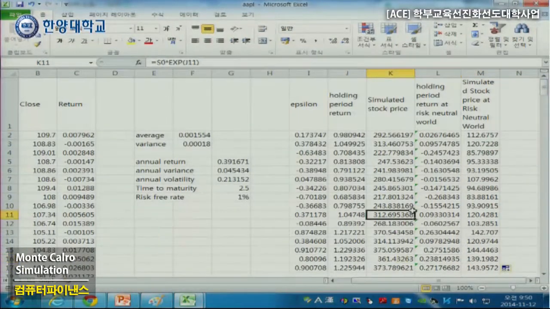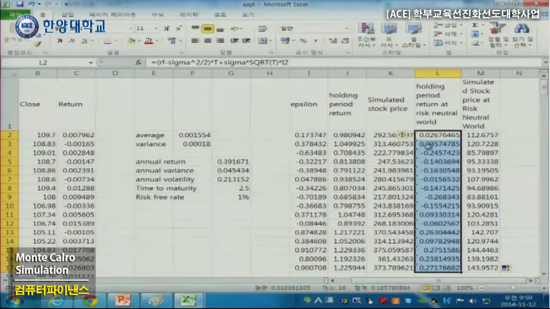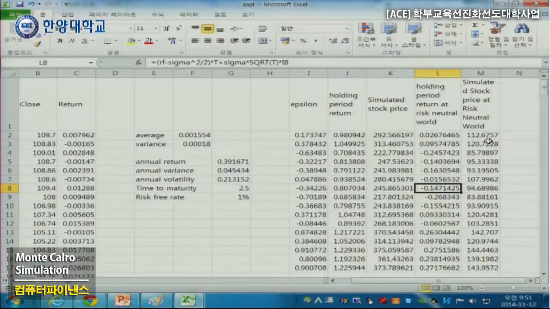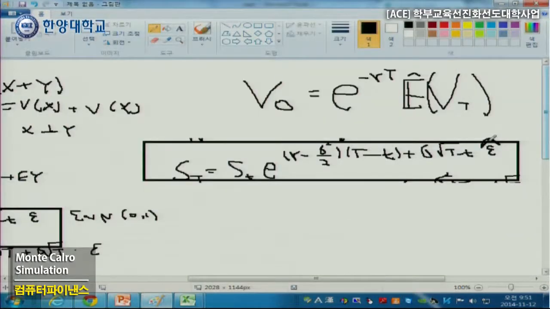So we simulated the stock price at the risk neutral world. Everything is the same. I'm just changing this mu into the R. That's all, right? So we simulated the stock price.